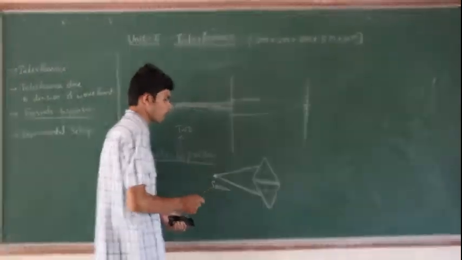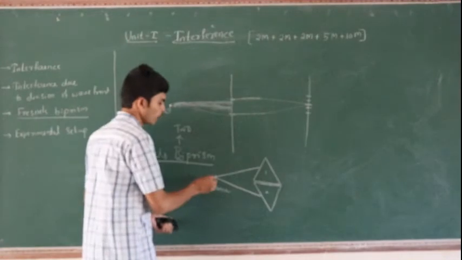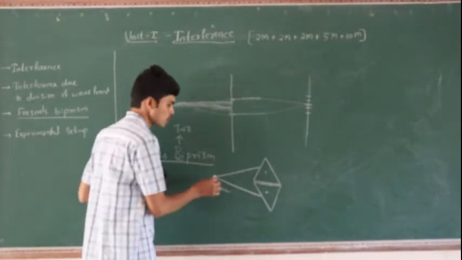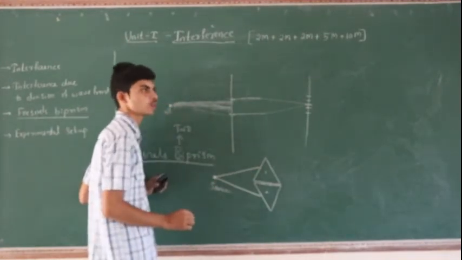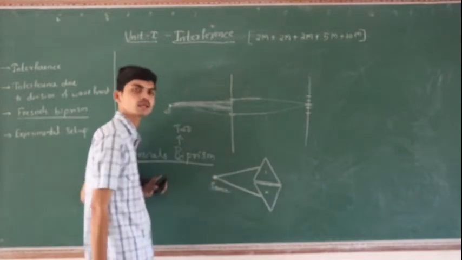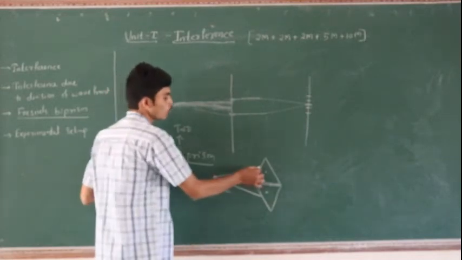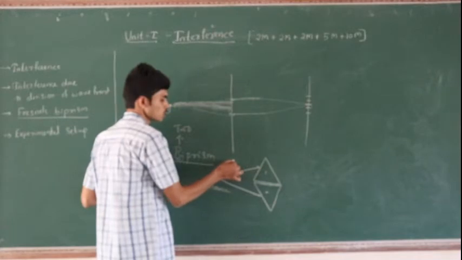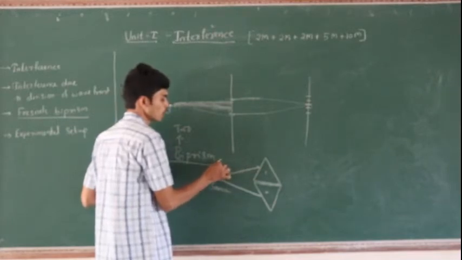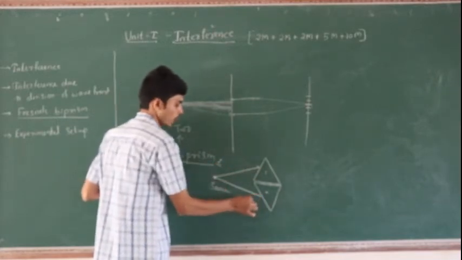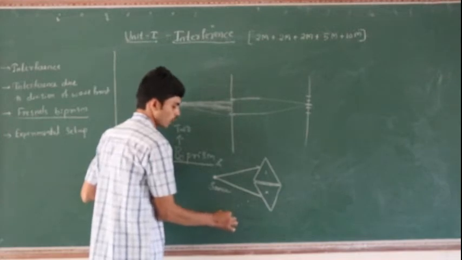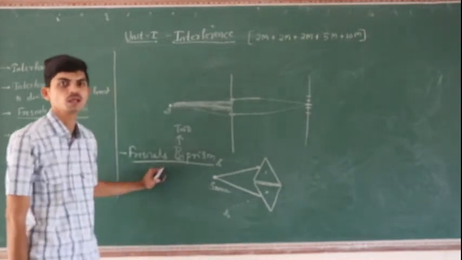Similarly, here one light source is taken, and it passes one ray to prism number 1 and another ray to prism number 2. At that time, the first prism will produce the S1 virtual image and the second prism will produce the S2 virtual image.